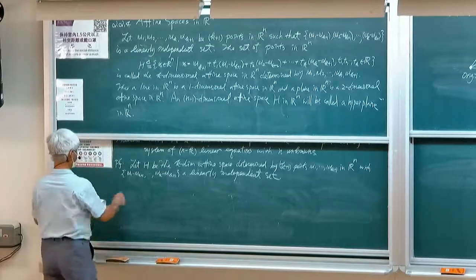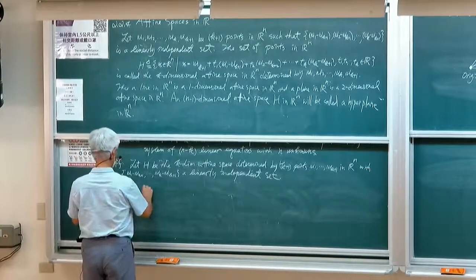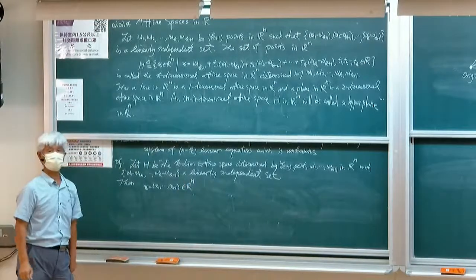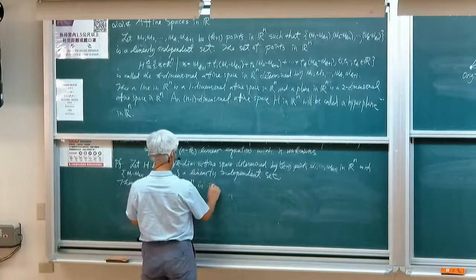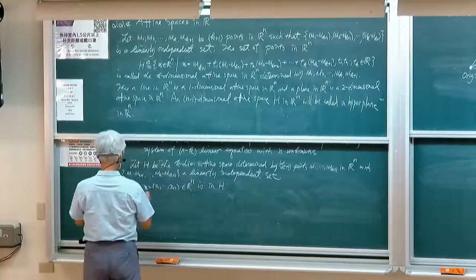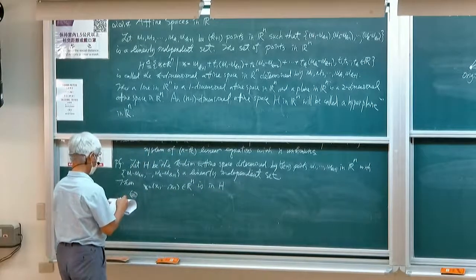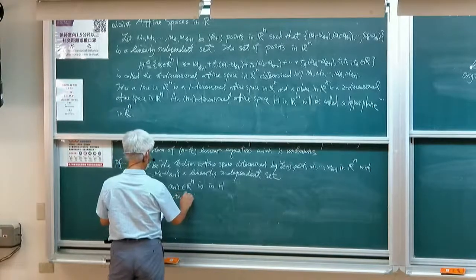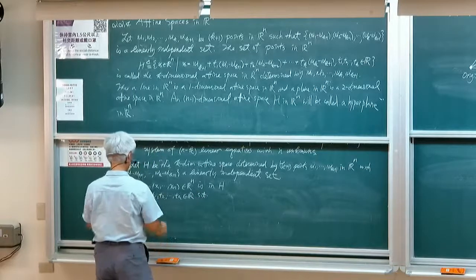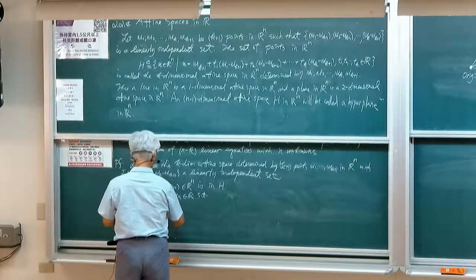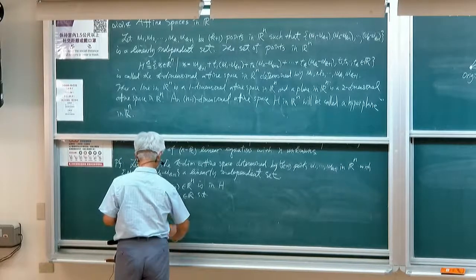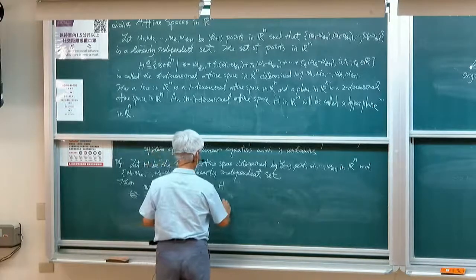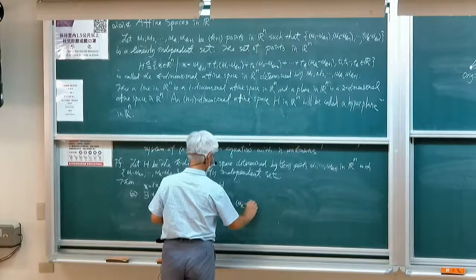All right, so a point x in the n-dimensional Euclidean space is in the affine space H if and only if there exist t_1, t_2 up to t_k such that x is equal to u_{k+1} plus t_1(u_1 - u_{k+1}) plus ... plus t_k(u_k - u_{k+1}).